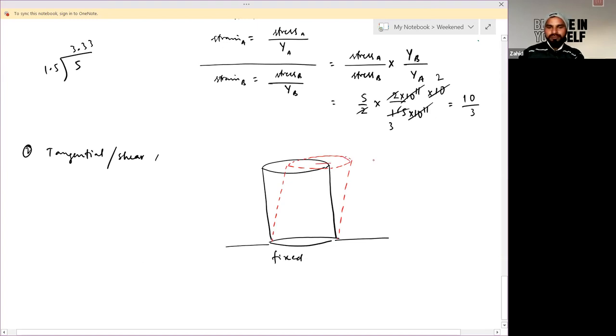On applying deforming force along this direction, it will slightly bend along this direction. There will be area of this top surface, let's say A. Due to this applied force, it gets deformed by some angle theta, and displacement from its original position will be x. Length of this particular cylinder will be L. Is it clear? Or do you have any doubt in this diagram?